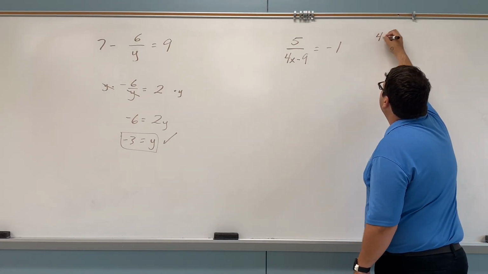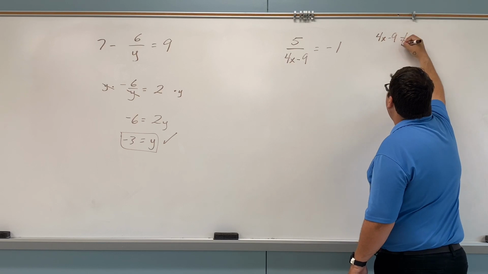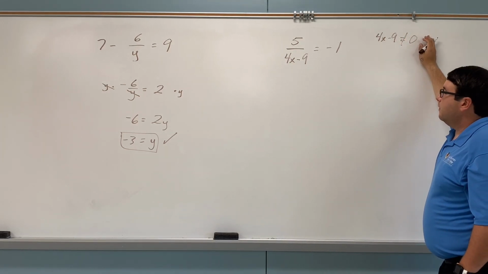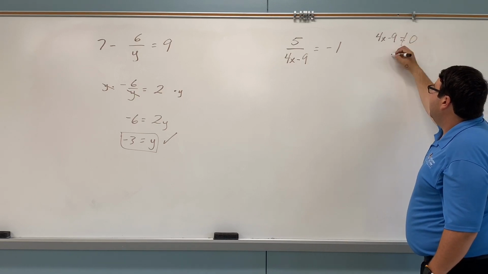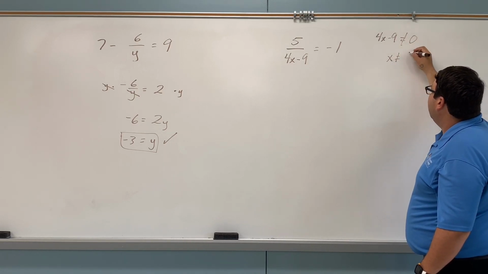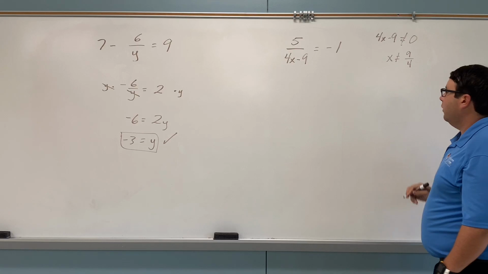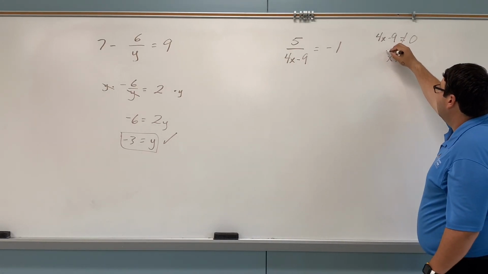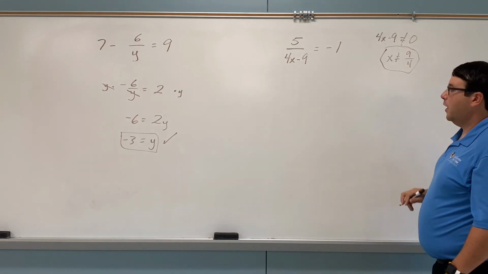So I have 4x minus 9 cannot equal 0. Solving this out, add 9, divide by 4, x cannot equal 9/4, meaning x can be anything else. So I know this little tidbit is what I have to come back to.